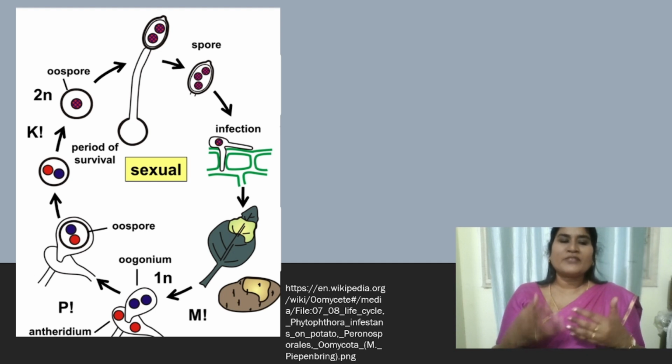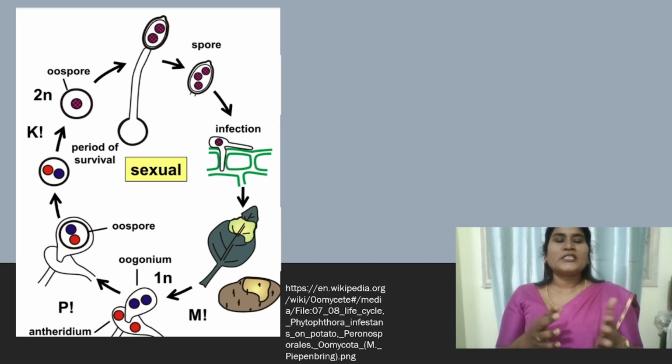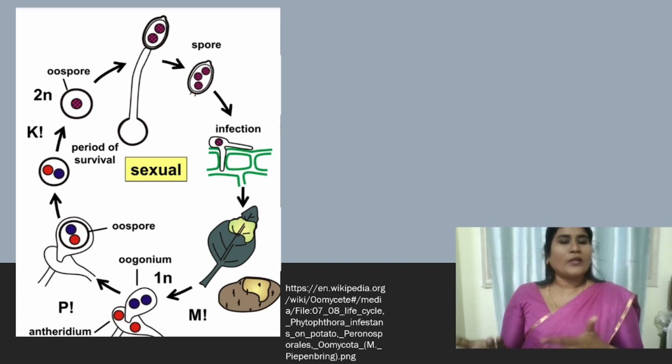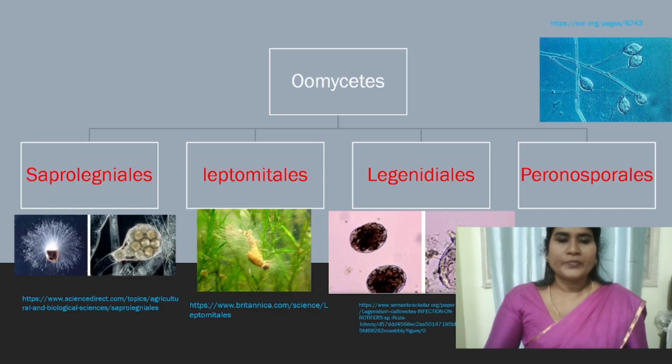In the period of survival, this oospore is in the 2N form, that is the diploid form, and germination takes place once it reaches an appropriate habitat, whether saprophytic, or, if parasitic, once it falls on the host. They germinate and produce their mycelium abundantly.